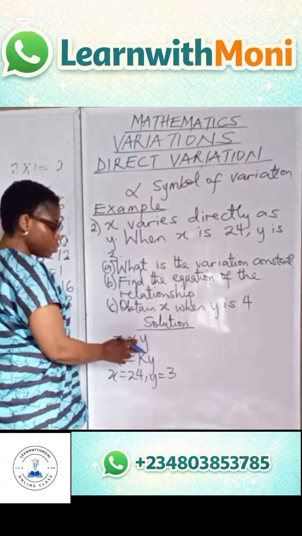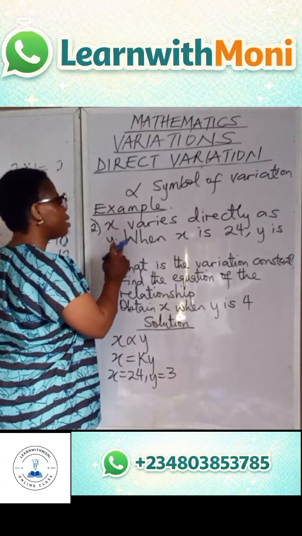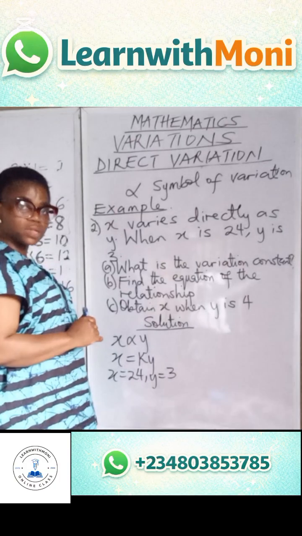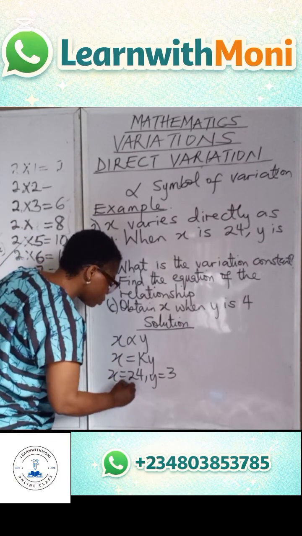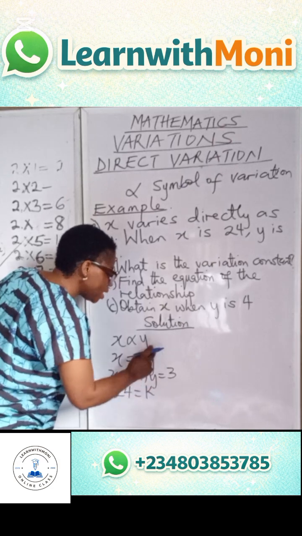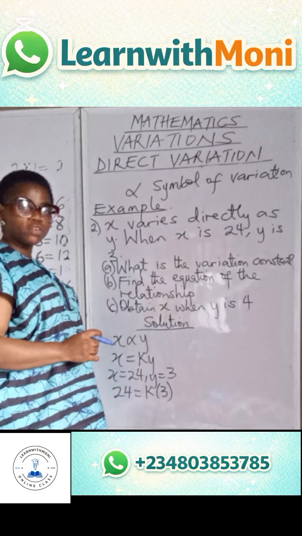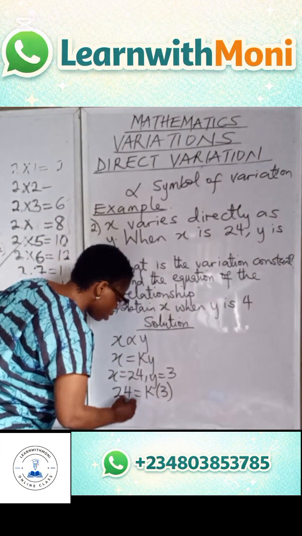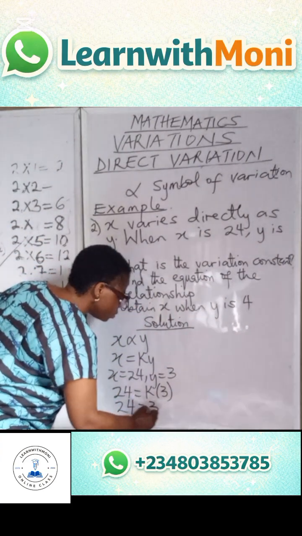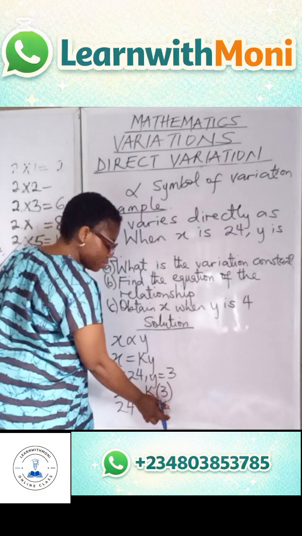So let us substitute into this equation for us to get the variation constant. So when x is 24, y is 3. That means I have 24 equals k times 3, or 3k. 24 is equal to 3k. The variation constant is k.